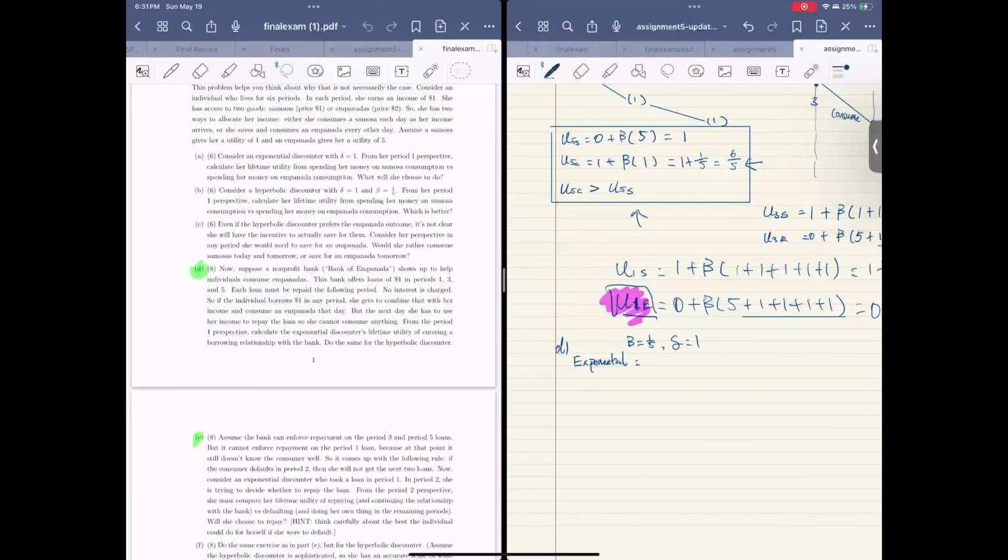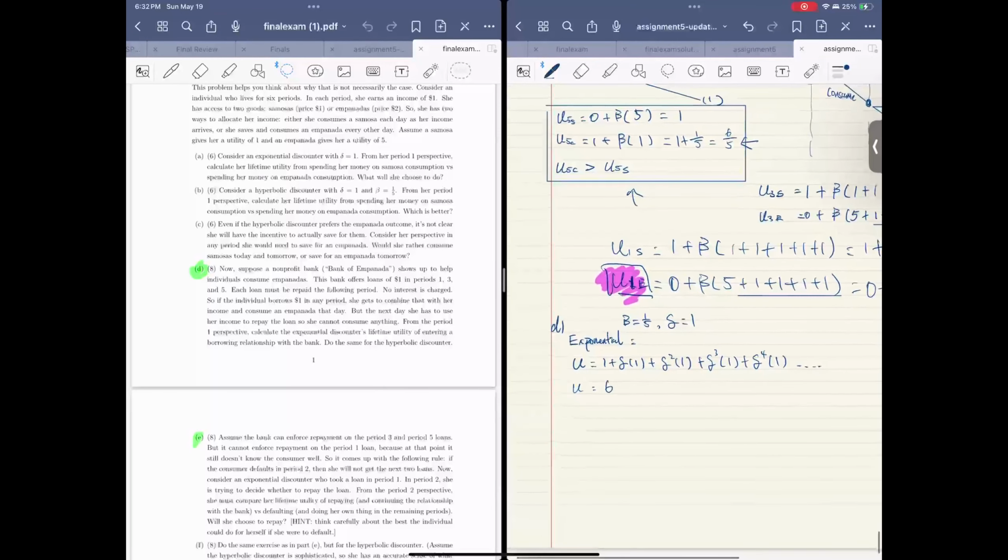Okay, so exponential would be U equals 1 plus delta of 1 plus delta squared of 1 plus delta cubed of 1 plus delta, something like that, right? For exponential, you will get U equals 6, if you're only eating samosa.